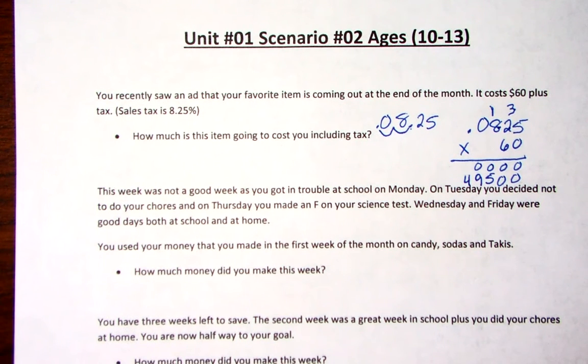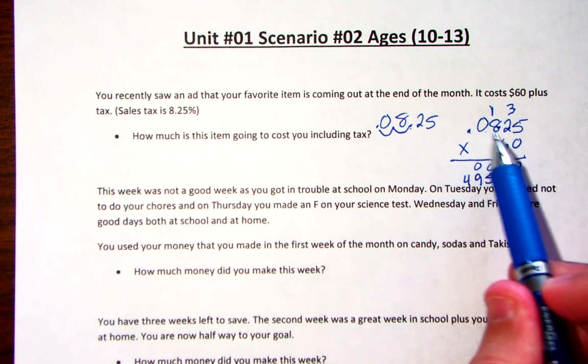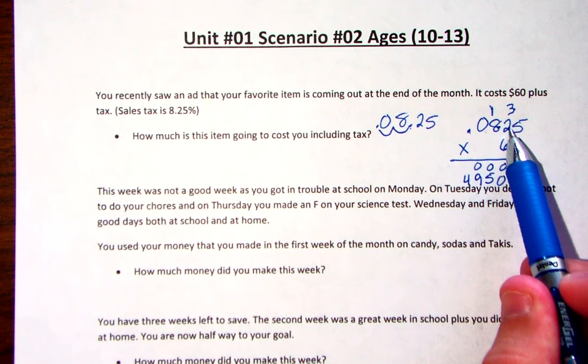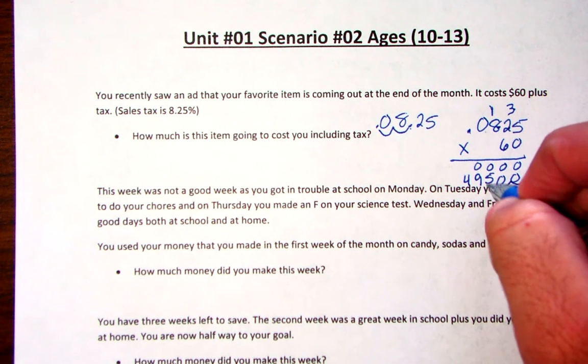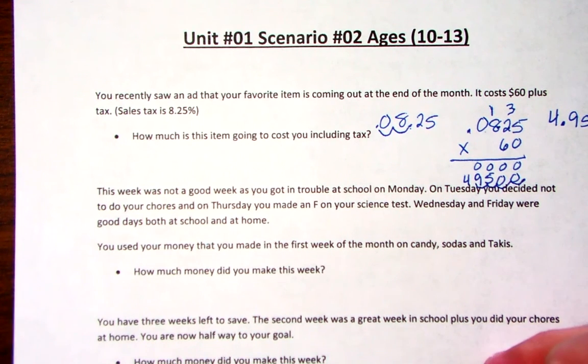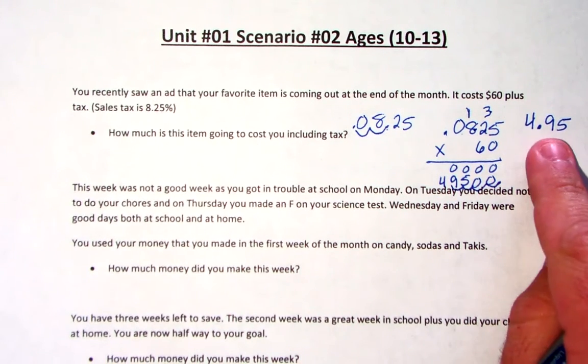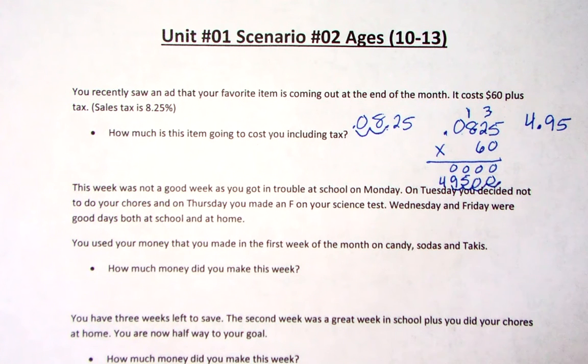Now, how many times do I have to move my decimal back? Well, let's see. 1, 2, 3, 4. So move your decimal back 4 times. 1, 2, 3, 4. So you get 4.95. So that means you're paying $4.95 on taxes for this item.